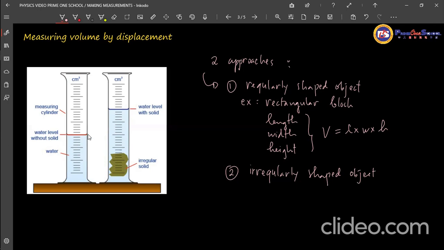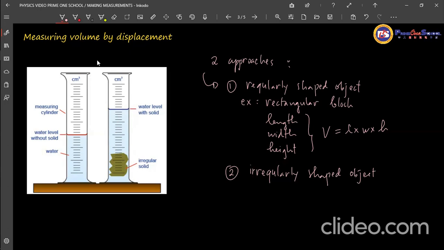This one is the initial volume. Now immerse the irregularly shaped object in the water, and of course the water level will increase, correct? Please note this one as the final volume.